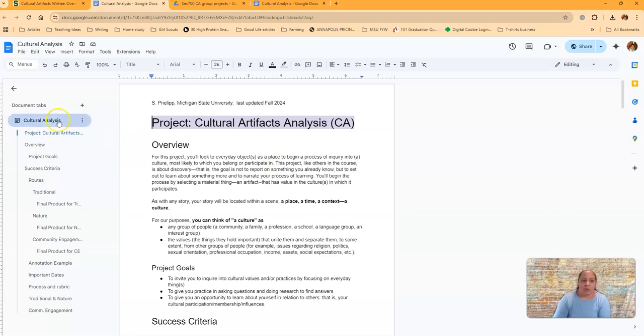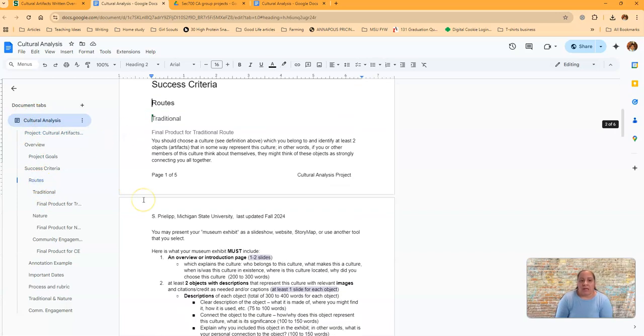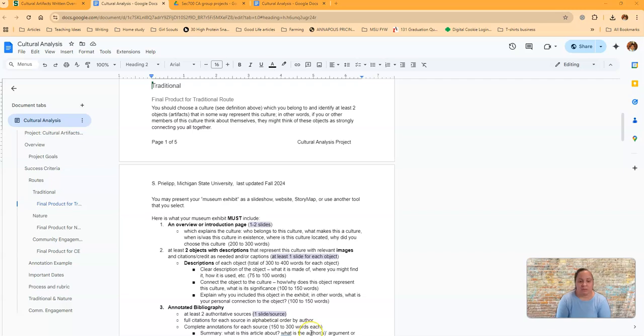So if you open your menu over on the side, you can come down to your routes. And first, I'm going to talk about this traditional route. So the traditional route is the way that this assignment is most often done, and it's where we're looking at a specific culture or a group that you might belong to.